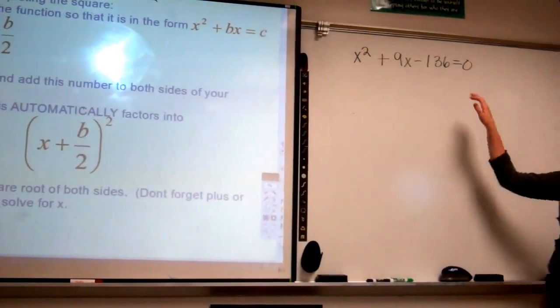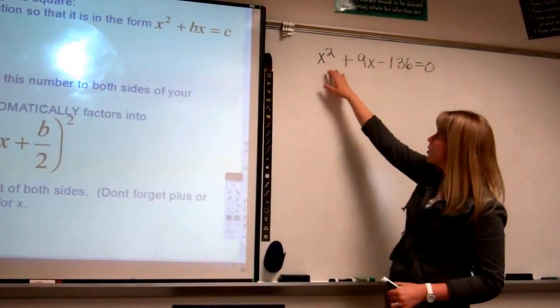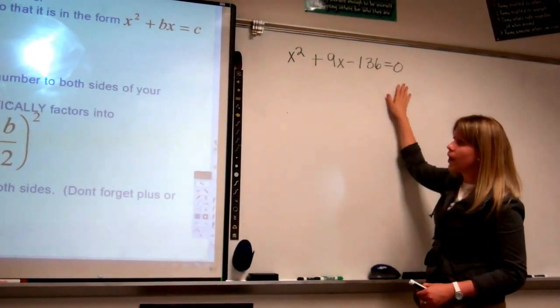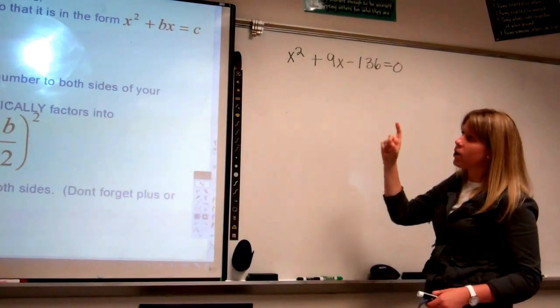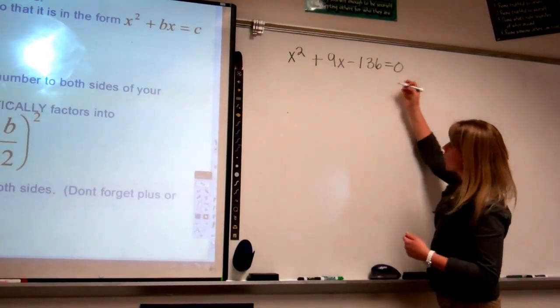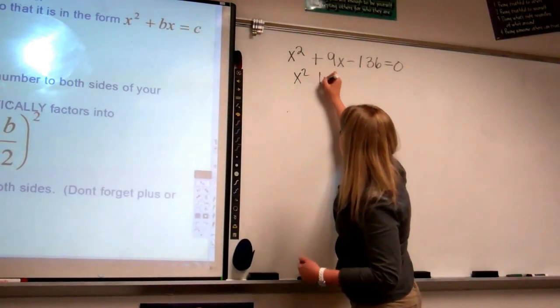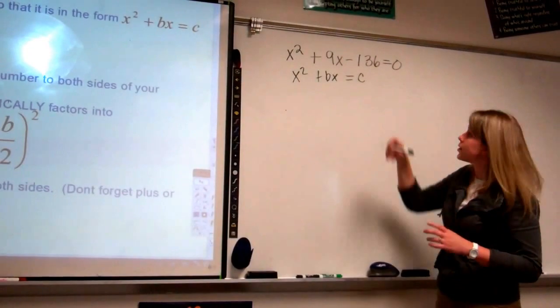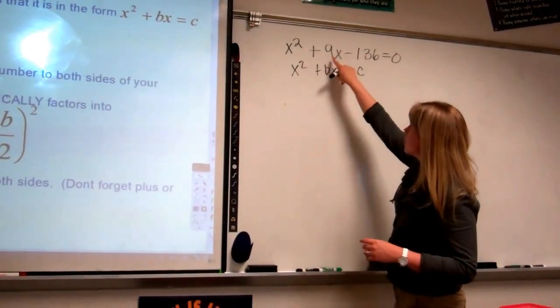So here's our example problem. It says x squared plus 9x minus 136 equals 0. And from our steps over here, we know that we need to get it in the form x squared plus bx equals c. Right now, our c is with the bx, with the 9x.